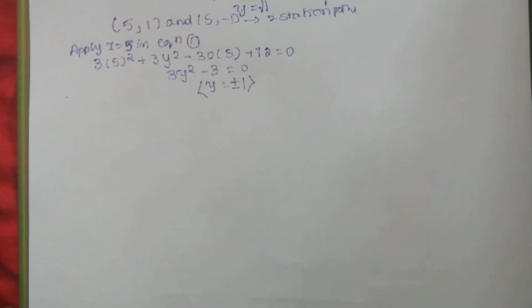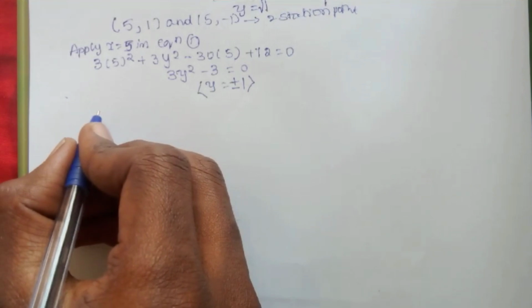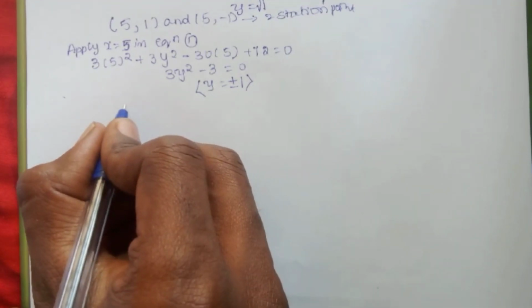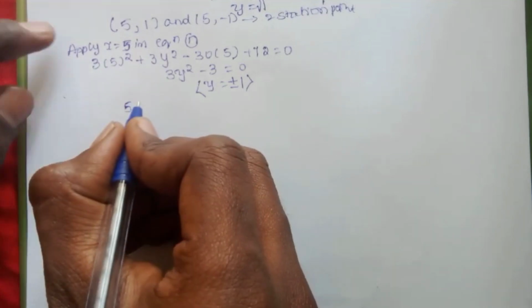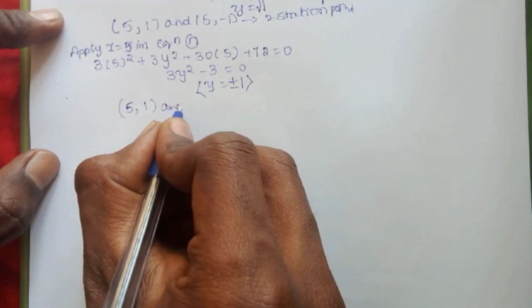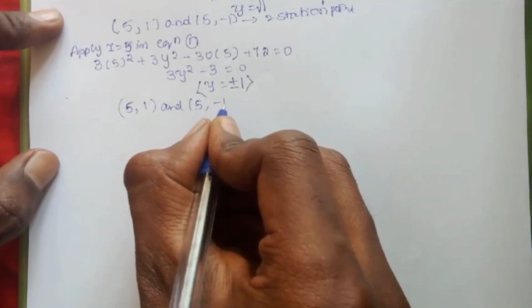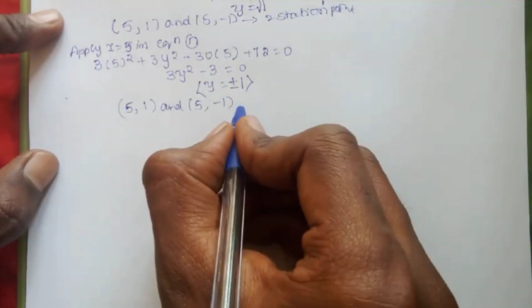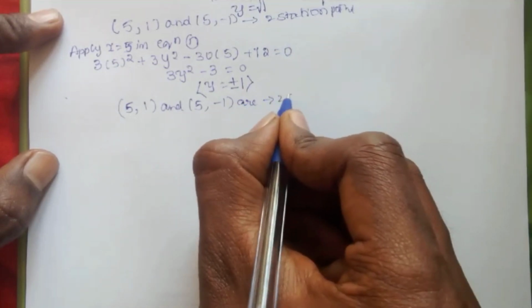When we apply this, the stationary points for x is equal to 5 are 5 comma 1 and 5 comma minus 1. Y may be plus 1 or minus 1, but x will be the same, these are the two stationary points.